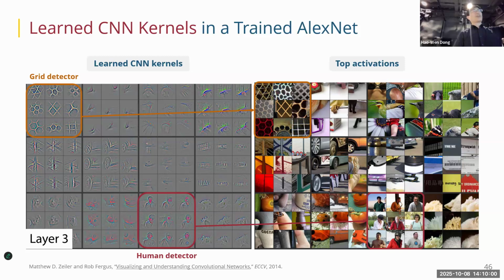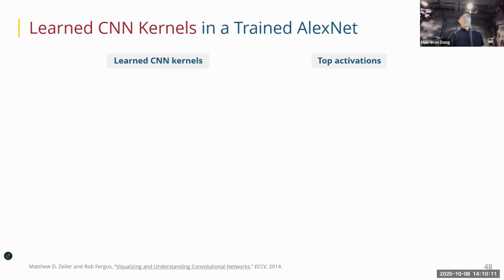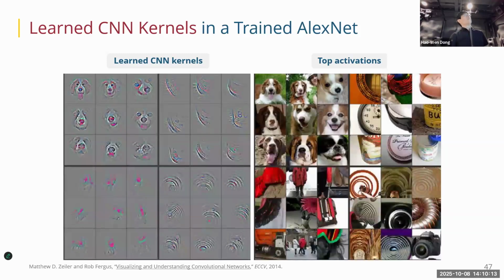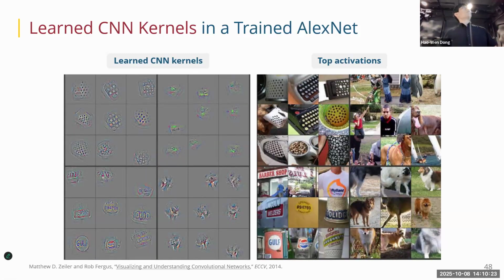So the kernels it learns also depends on what type of data set and classes you are trying to classify it into. Anyway, the deeper you go into the model, the more detailed patterns or nuanced texture you will capture. So this is like almost the final layer.